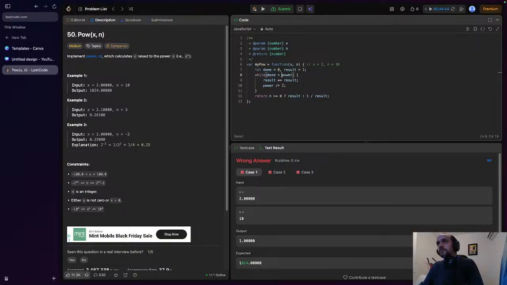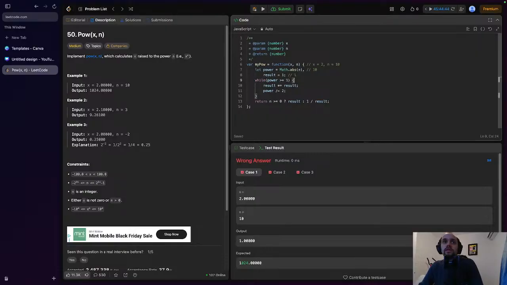Oh, but then what if we get super close? Why is the output only 1? Okay, let me go back to this solution. Let's put these on multiple lines. So this should be 10. This should be 1.